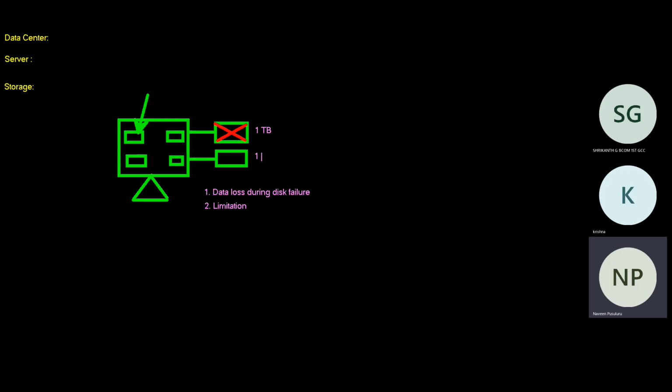Now I need more storage. I have used the entire 2 TB, both the drives, and now I need more storage. In order to install another hard disk, you must have a slot. If you have a slot, you can purchase another drive, install it and start using it. But what if you don't have a slot?